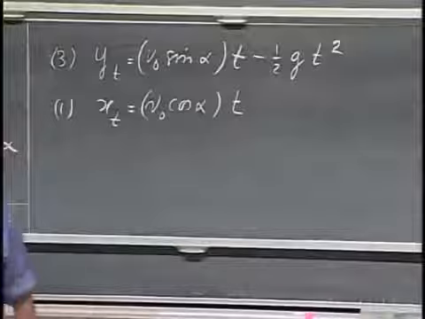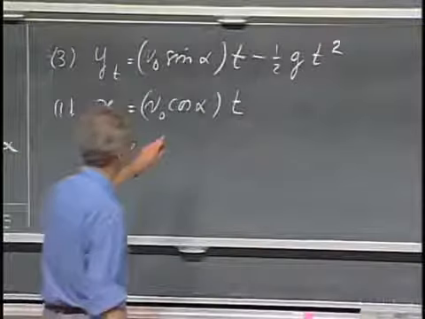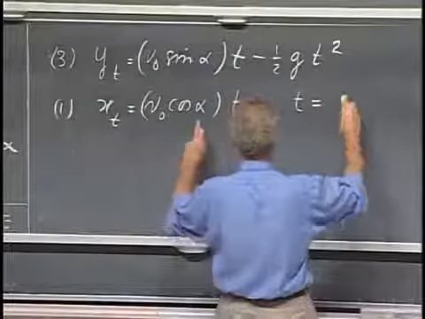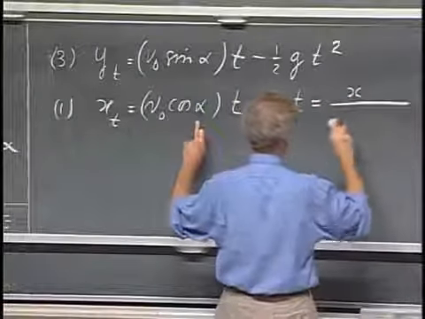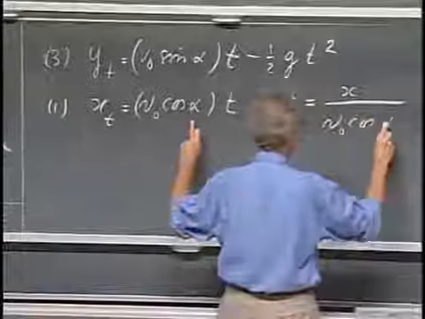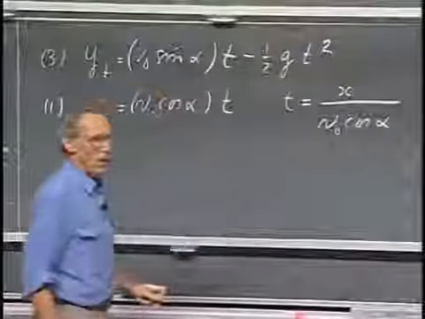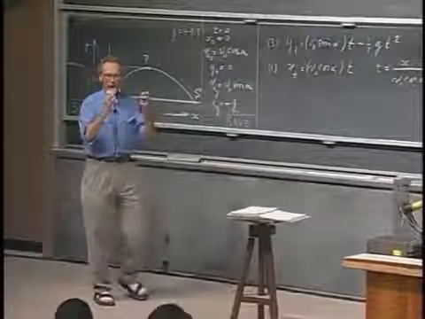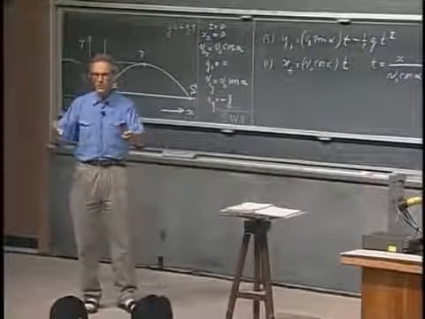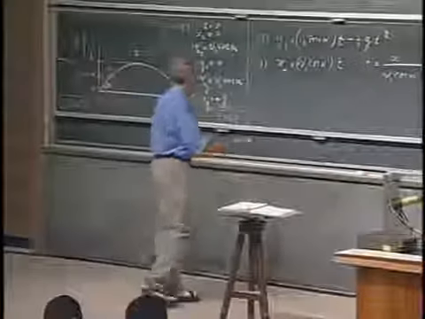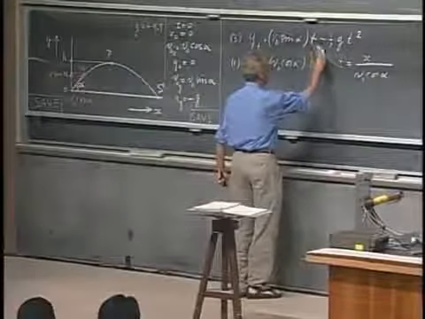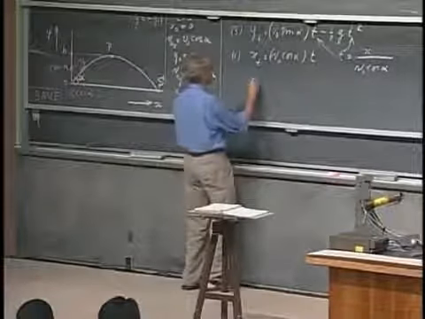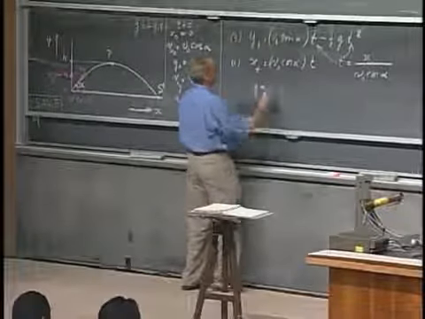Now I eliminate t, and the best way to do that is to write for t x divided by v0 cosine alpha. Now I can drop all sub-indexes t, because we're now going to see x versus y. We're going to eliminate t. So I'm going to substitute this time in here and in there, and so I'm going to get y equals.